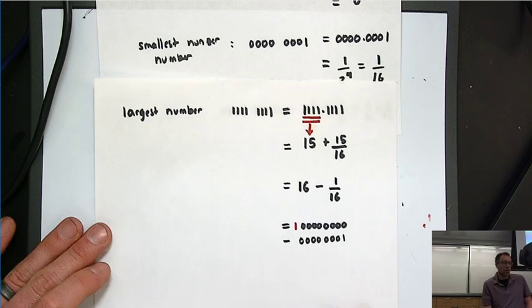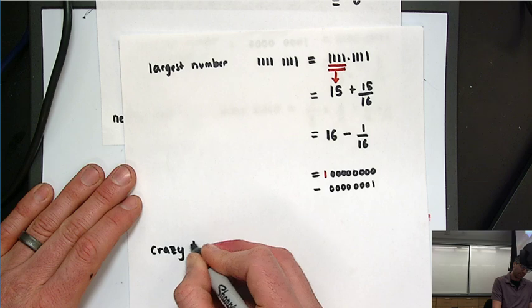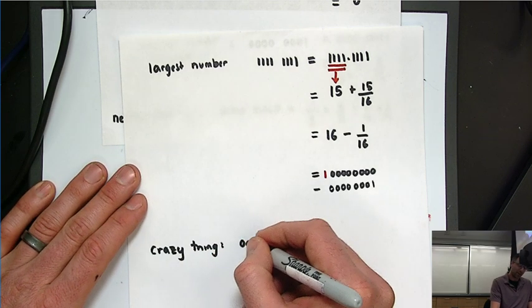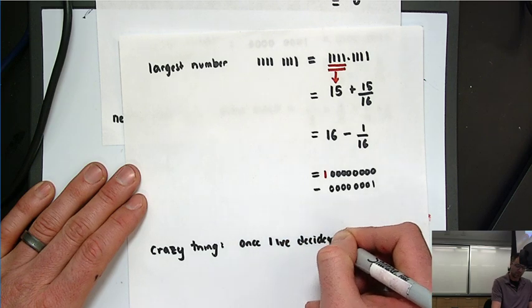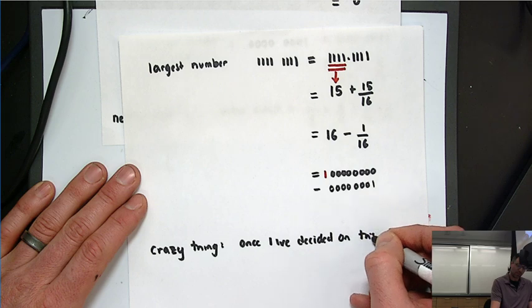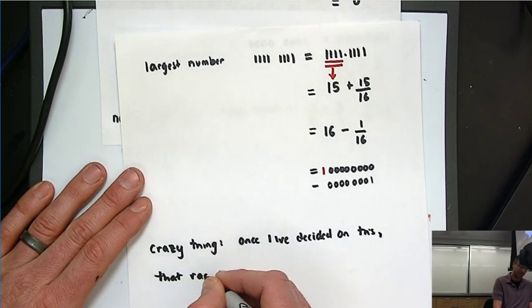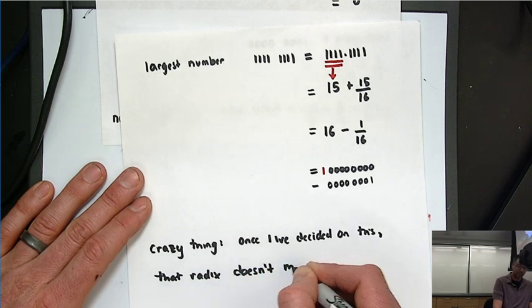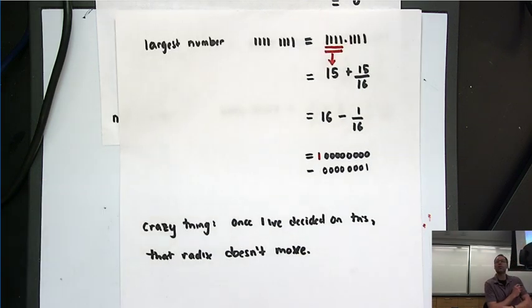Okay. So, crazy thing though. Once I've decided on this, that radix doesn't move. What do I mean that the radix doesn't move?